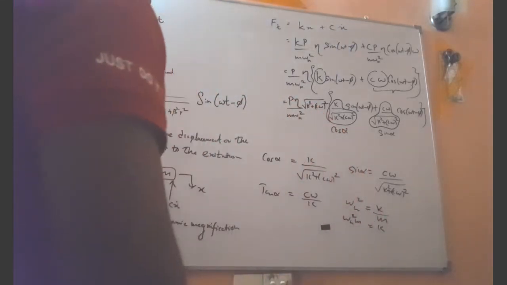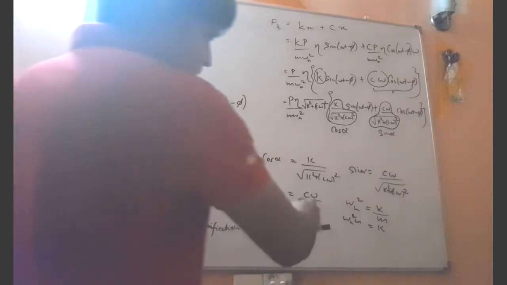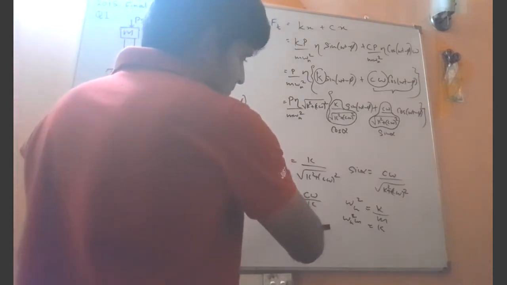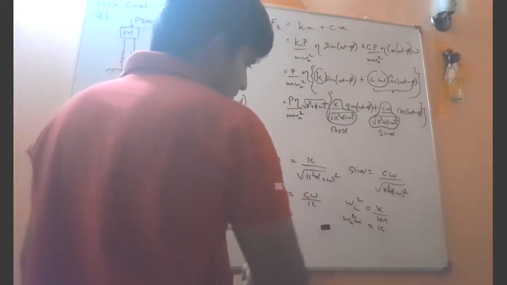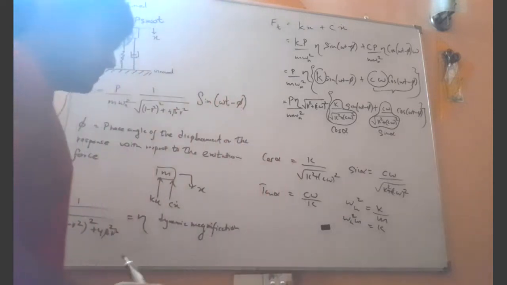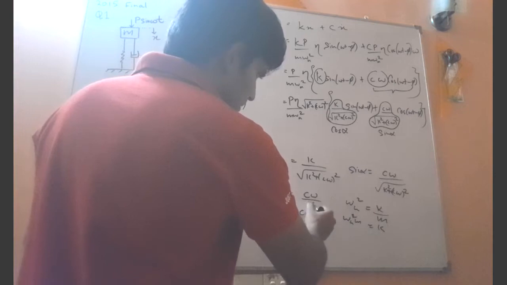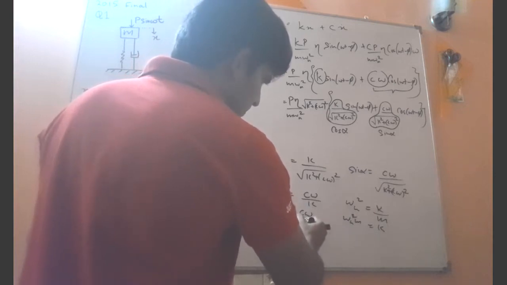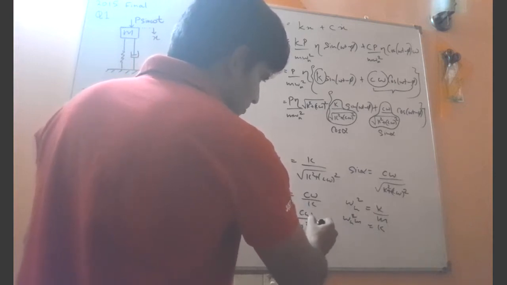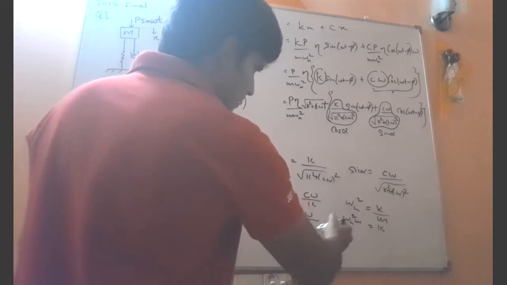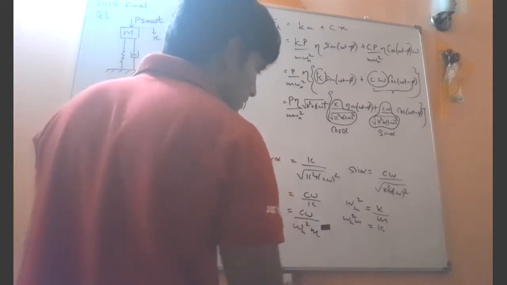And what is this c and what is this omega? So now there you can obtain some relationship. Let's consider c times omega, and k is omega n squared times m.